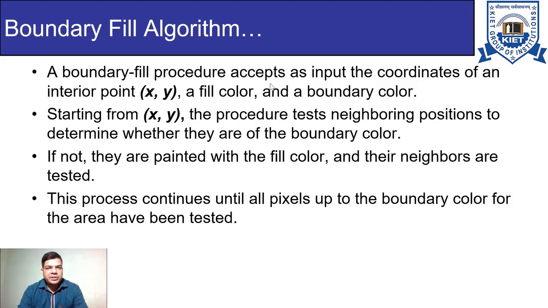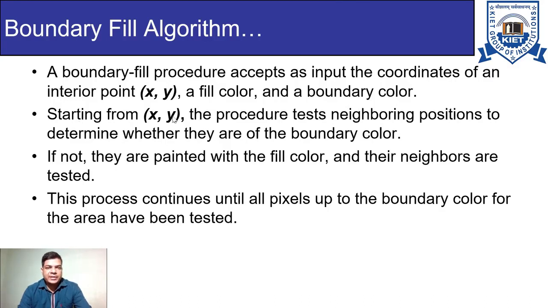A boundary fill procedure accepts as input the coordinates of an interior point (x, y), a fill color and a boundary color. So whenever you are implementing this algorithm, you have to provide three inputs. First is the interior point (x, y), then a fill color, that means the color with which you want to fill the object, and finally the boundary color, that means the color of the boundary of the object.